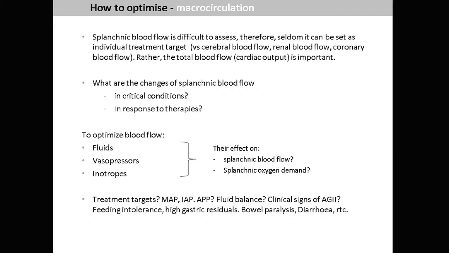How to optimize then? Now we have problems with assessment of splanchnic circulation, macrocirculation and microcirculation. Then now we come to the optimization. The first thing we need to consider is what the changes of splanchnic blood flow are in the critical conditions we deal with, or in response to common therapies we apply, either fluids, vasopressors, or inotropes.